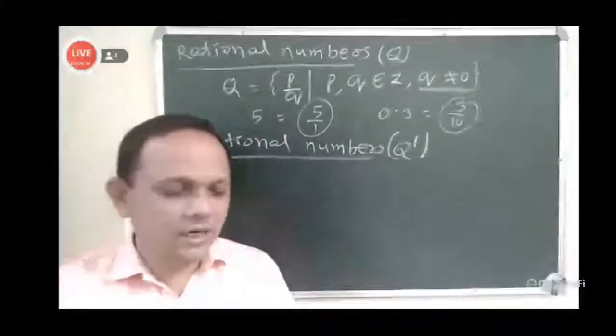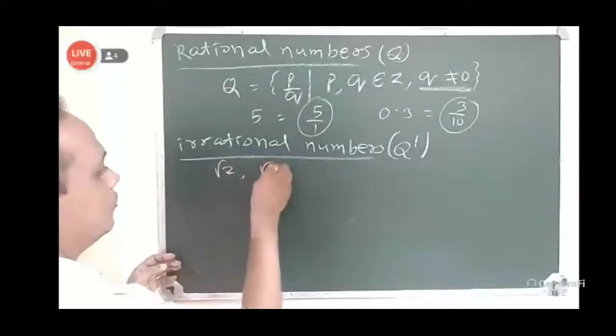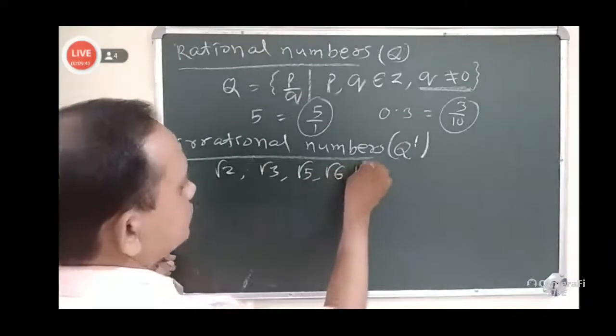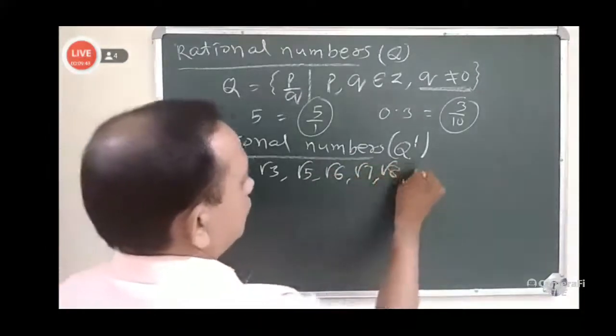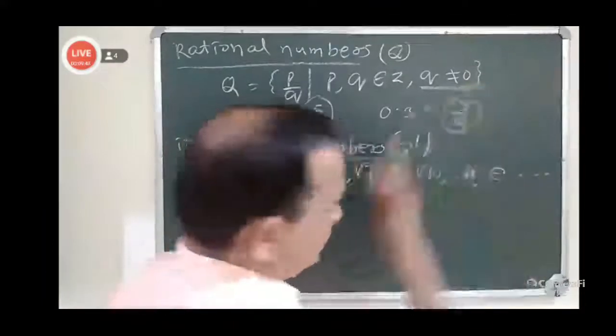Several irrational numbers we have discussed: root 2, root 3, root 5, root 6, root 7, root 8, root 10, pi, e, and so on.